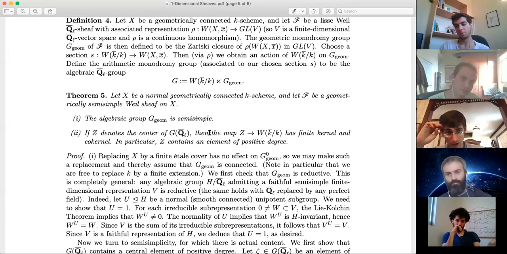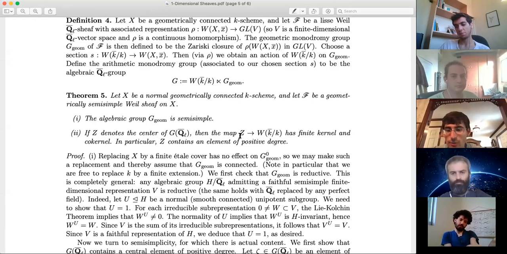So if I have a scalar, then I know how it behaves under various operations. To compute the weight of a one-dimensional representation, I just need to understand the weight of any positive degree element, because of this Theorem 1.